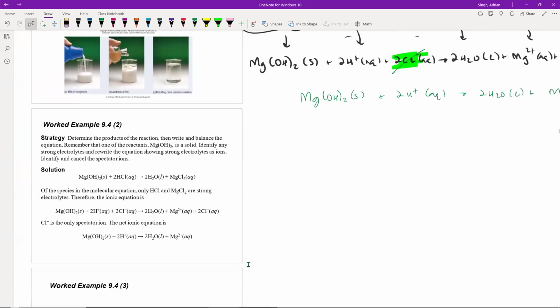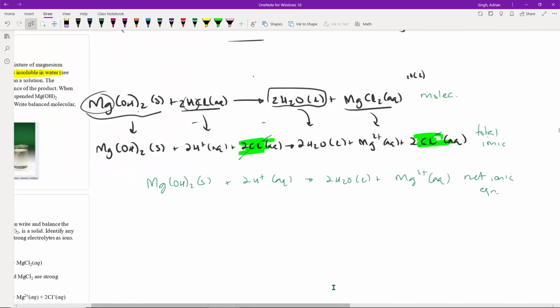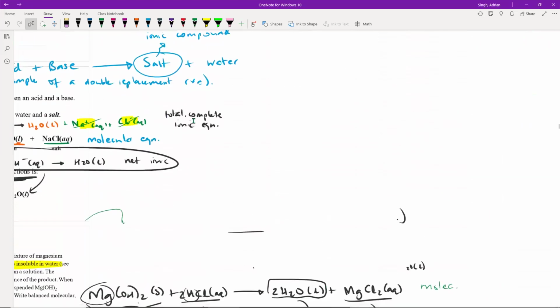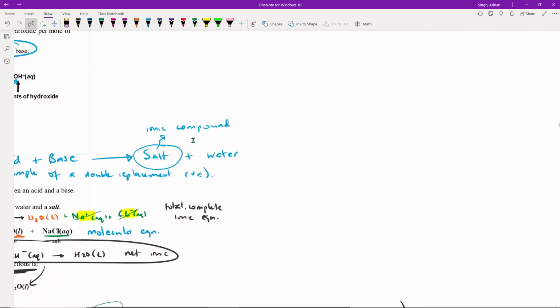So a couple of things to note when we do our acid-base neutralization reactions. We mentioned that the salt we typically form in an acid-base neutralization is an ionic compound, right? And specifically, the salt from an acid-base neutralization reaction is made up of an anion that comes from the acid and a cation that comes from the base.